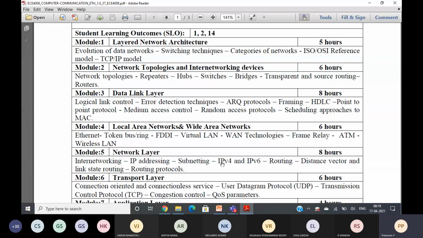Then we may ask you to find the default subnet mask, custom subnet mask, then the 4th subnet range, or the 13th subnet broadcast address, or the first host ID for the 20th subnet. Like that we may ask.